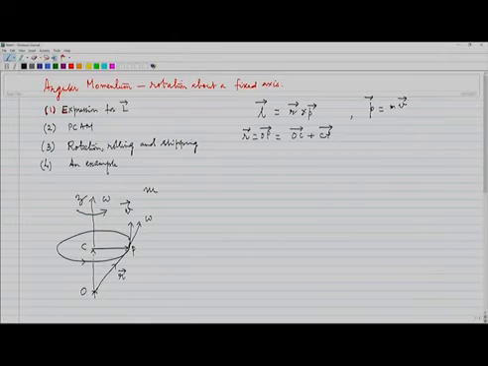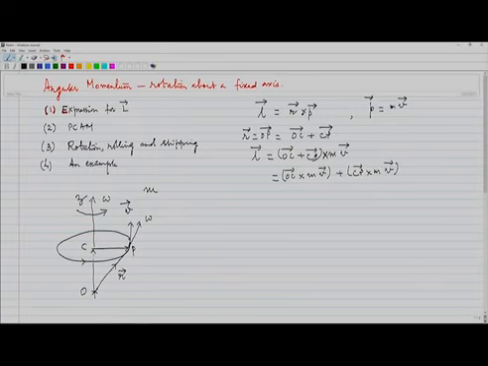Now I will calculate L. The angular momentum vector is R, that is OC plus CP, crossed with m times V. This is equal to OC crossed with m times V plus CP crossed with m times V. Remember, the cross product is distributive.